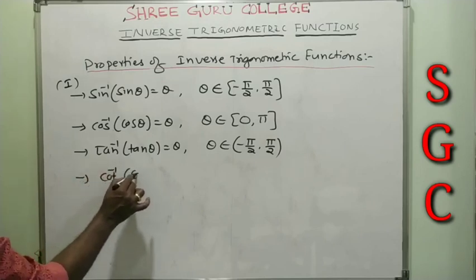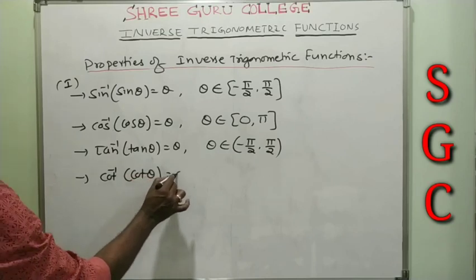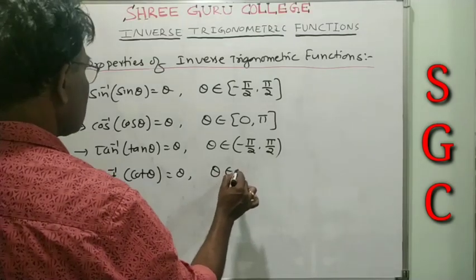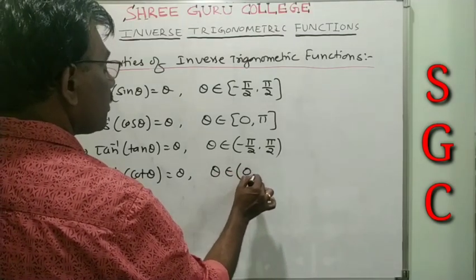Cot inverse of cot theta is equal to theta, where theta belongs to 0 comma pi.